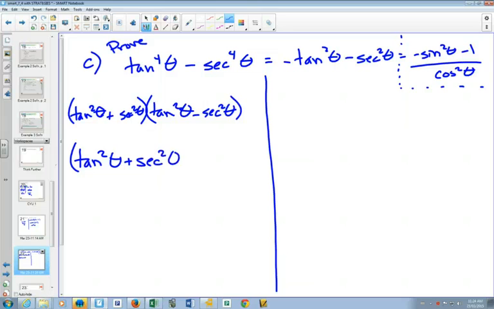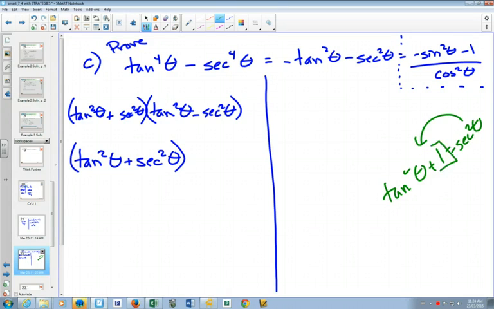Of these two, if you look at your tan squared plus 1 equals secant squared, and I'll write it over here temporarily: tan squared plus 1 equals secant squared. Can you see that you could get tan squared minus secant squared in that equation by moving the secant squared to this side? But then I'd have to get rid of this 1 on that side by moving it over to that side.